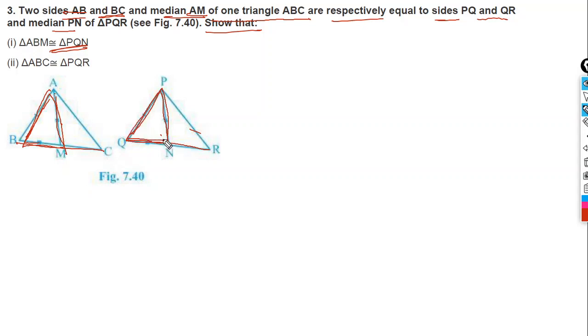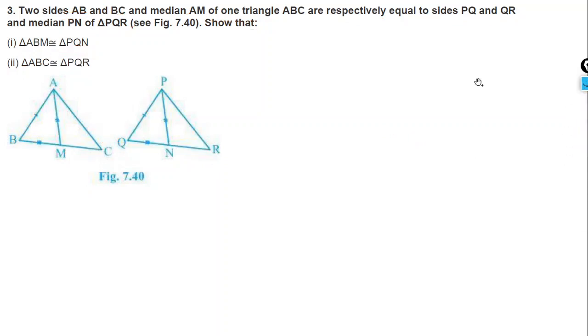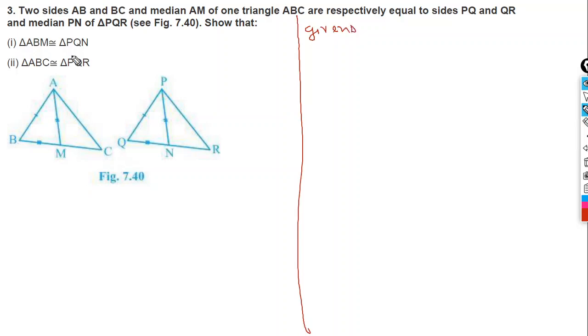Well, first we have to prove this. Then the second part: this whole triangle ABC is congruent to triangle PQR, this big triangle. Okay, so let's start. As usual, first you write given. Two sides and median are respectively equal to two sides and median.